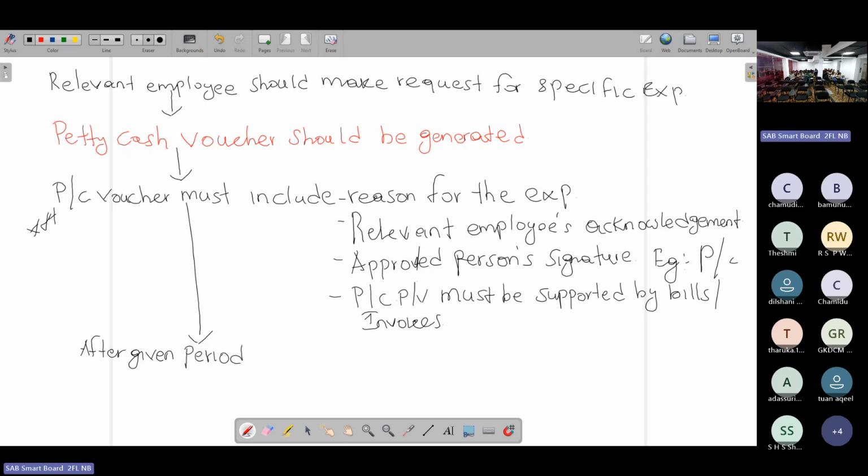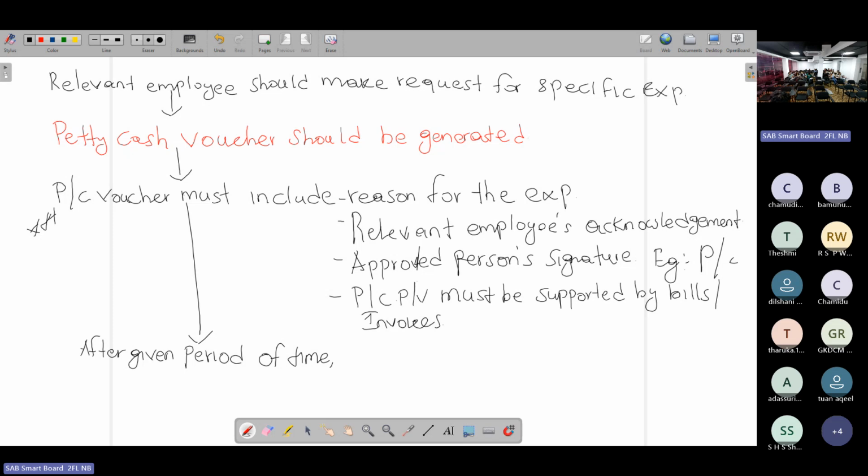Petty cash payment vouchers must be supported by bills or invoices.